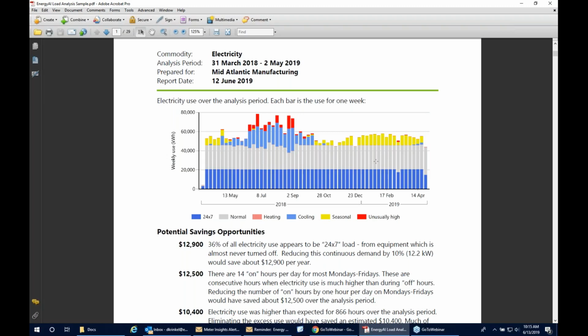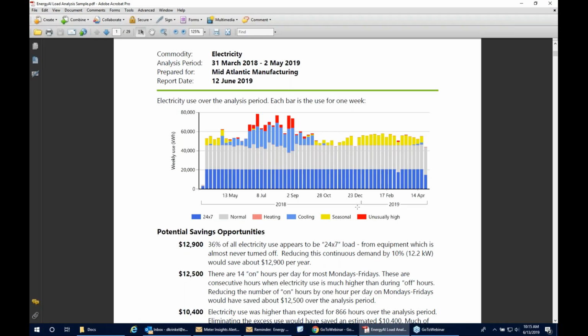So we use some statistical methods borrowed from forecasting to look at long-term trends, which in all likelihood are independent variables, such as production, which we categorize as seasonal. And then we look for the unusually high usage, these bright red specks, which are usage significantly above the baseline. And we look for patterns in those. Do they tend to occur in the middle of the night? Do they tend to occur in the afternoon, summer, winter?